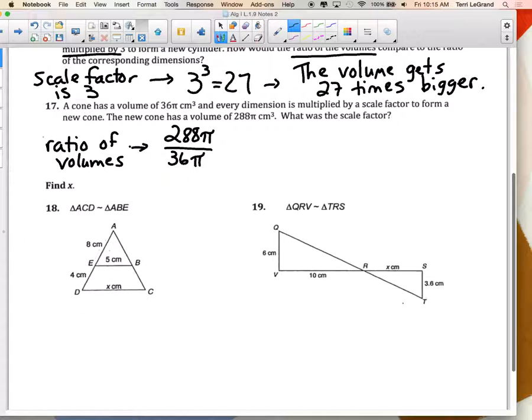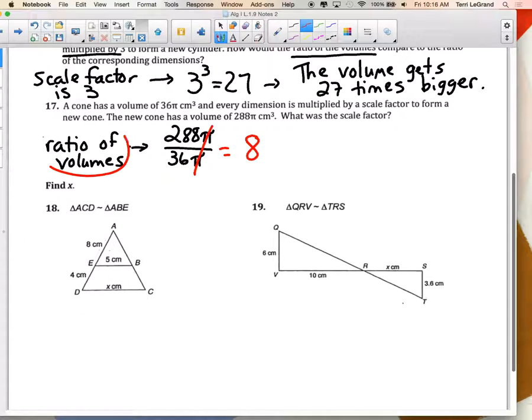Because there's no addition or subtraction happening up or down, we can cancel the pi. Then we say, how many times can you take 36 out of 288? 8 times. Okay, everybody agree? So the ratio of the volumes is 8.